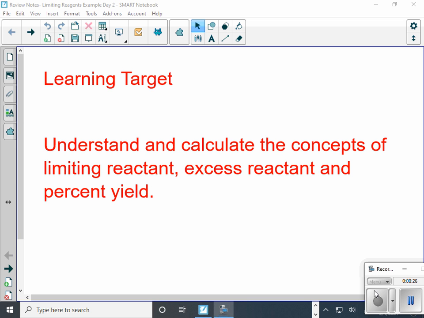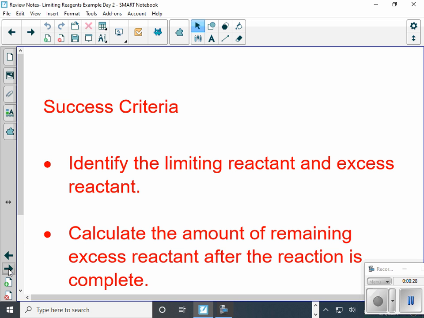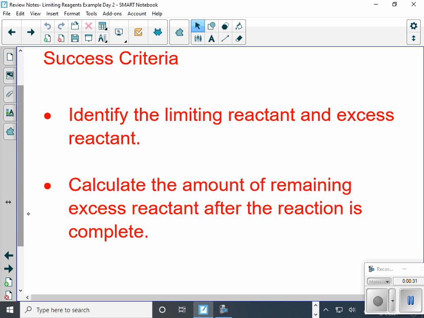So that's our learning target, our success criteria. We are going to be able to identify the limiting reactant and the excess reactant. You're also going to be able to calculate the amount of the remaining excess reactant after it has occurred.